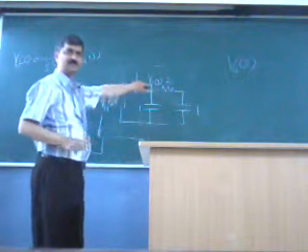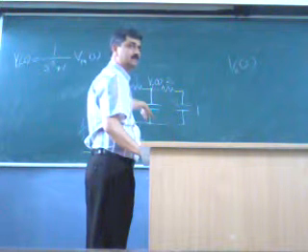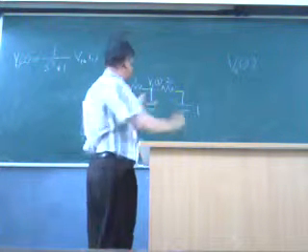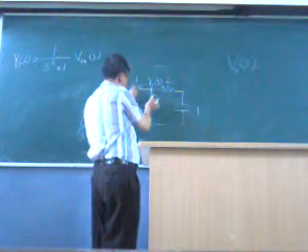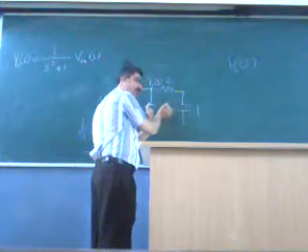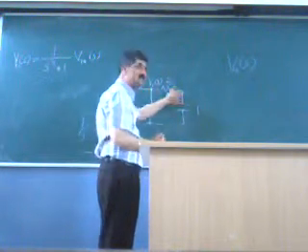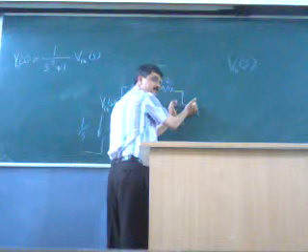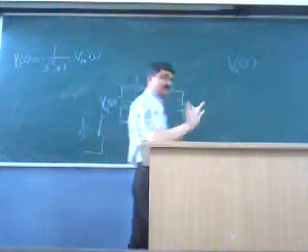So what would be V1S? V1S would be this combination impedance upon this combination plus this. And VOS would be this upon this plus this into V. So I can write like this.